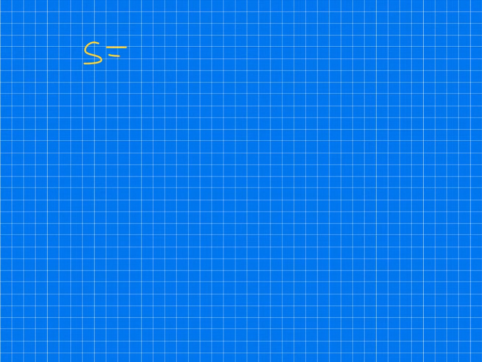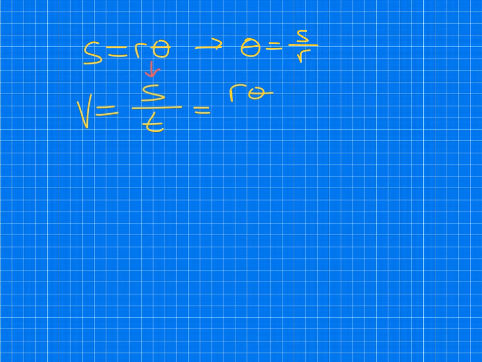It was S equals R theta, which led us to theta is the arc length over R. Well, if I start with my linear velocity formula, S over T, and S is R theta, I can rewrite it as R theta over T. But theta over T, that's angular velocity.